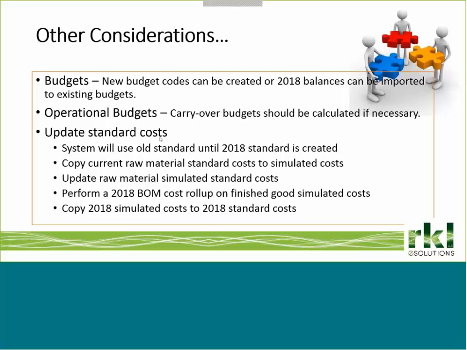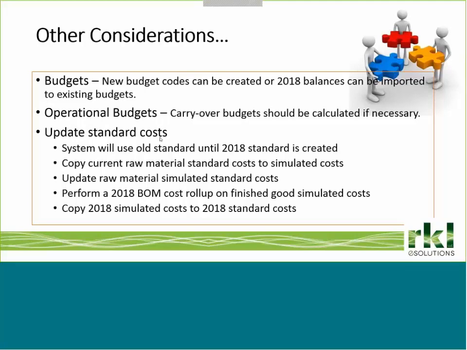Most people import the balances, and if you just use the same budget codes, you won't have to change any of the reports because they'll still look to that budget code in SEI or in Financial Data Extractor. If you're using operational budgets, the carryover budgets need to be calculated and carried over to 2018. I don't think we have too many people using operational budgets. One question that usually comes up though is updating standard costs.